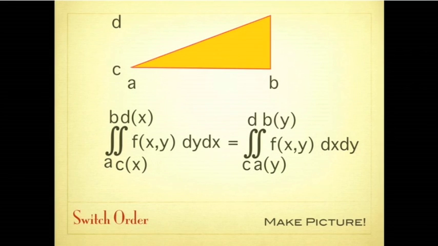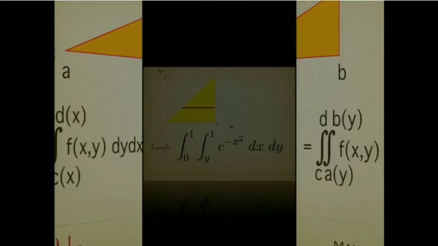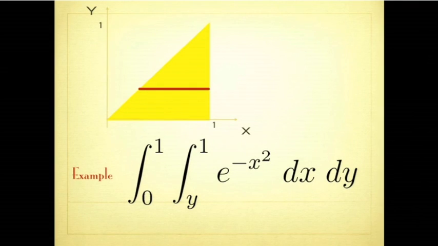And so for switching the order of integration, it's really very important to make a picture. Here is an example. This is a prototype example where we cannot, and I think I have done that already. You might have seen that in lecture. That's the prototype example par excellence, where we are stuck with the integral. But you can still do it by switching the order of integration.